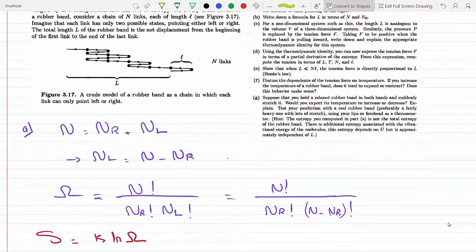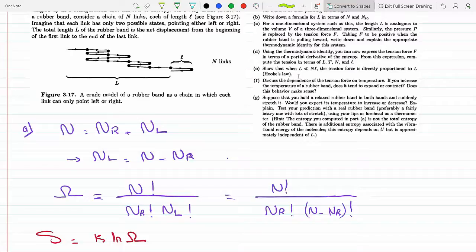Part E says, show that when the length of the rod is a lot less than the number of links times the length of each link.